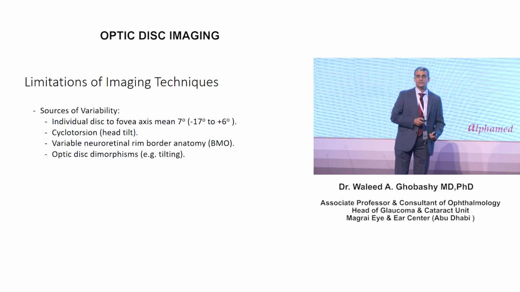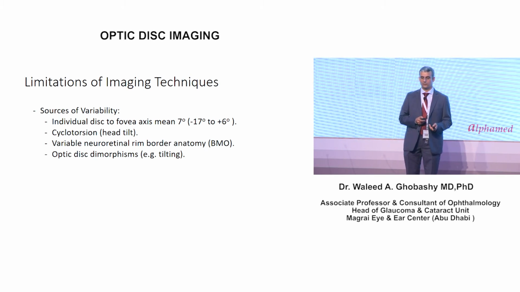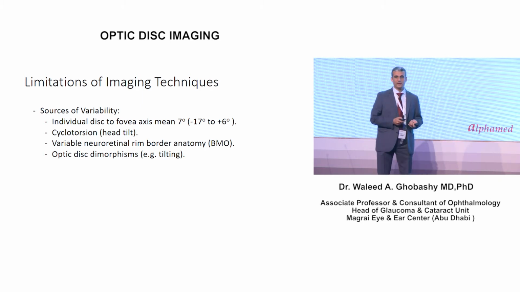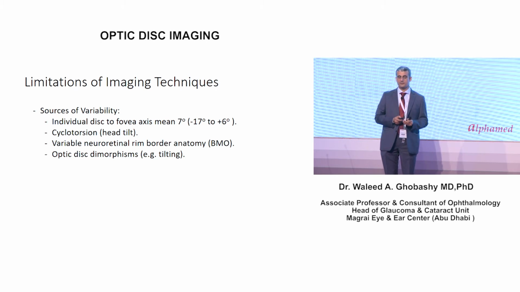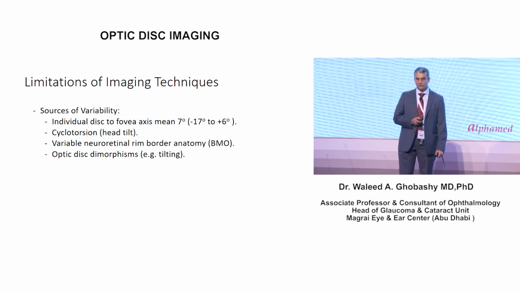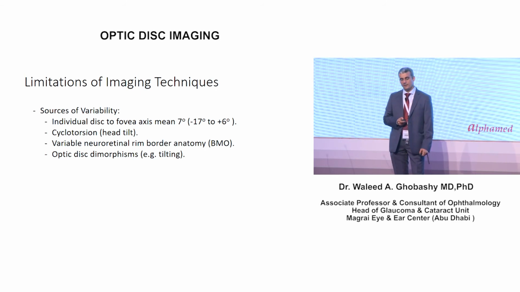Some machines, the confocal scan, are now implementing the idea of BMO, Bruch's membrane opening, to try to standardize this data. There is also cyclotorsion, head tilt of the patient, variable nuclear border anatomy, and optic disc dysmorphies like tilting.